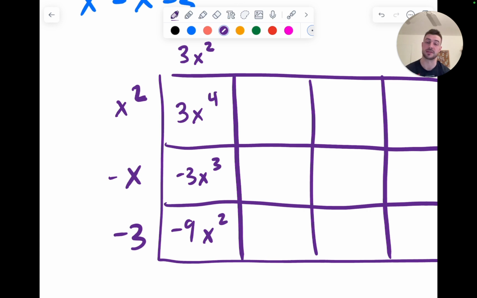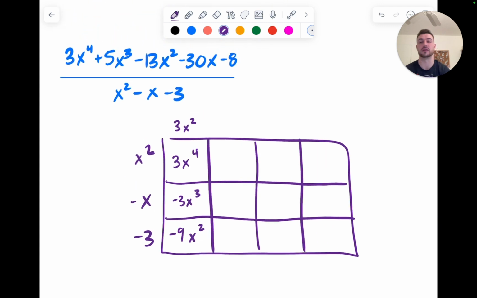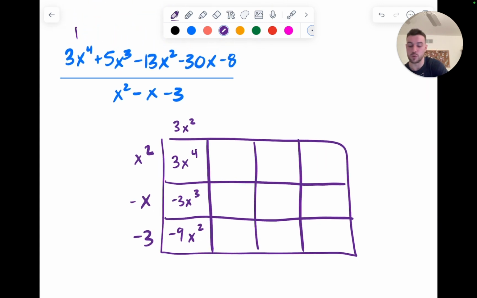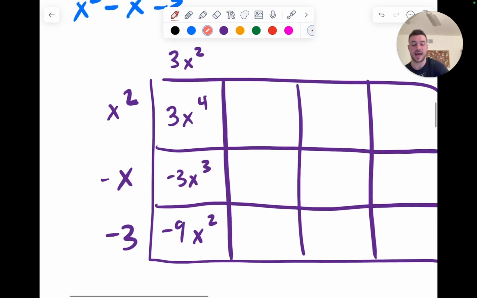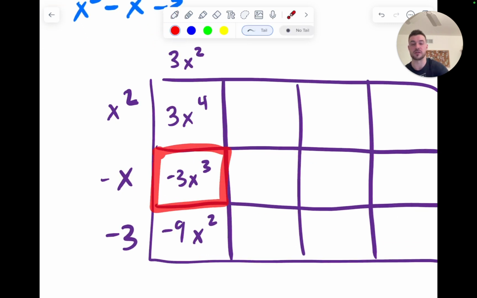Now comes the next step, and this one is going to take a little bit of effort to remember. So we got our 3x to the fourth taken care of. As division works, we work our way from left to right to slowly cancel out some of those values. I now need to focus on 5x to the third. Well, if you notice, I already have an x to the third value here.